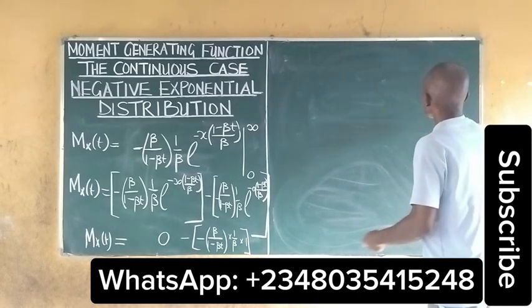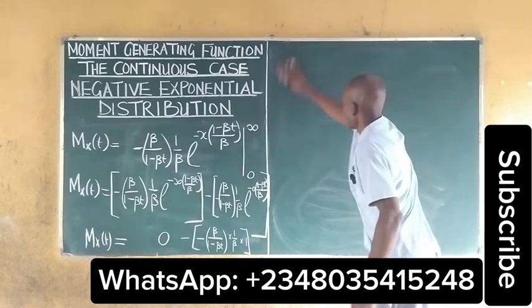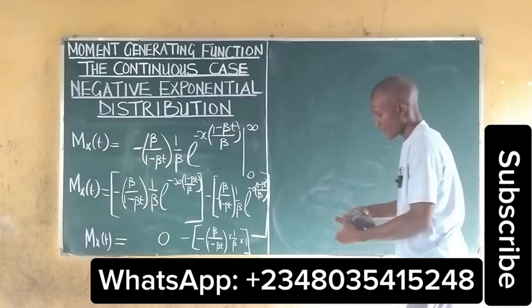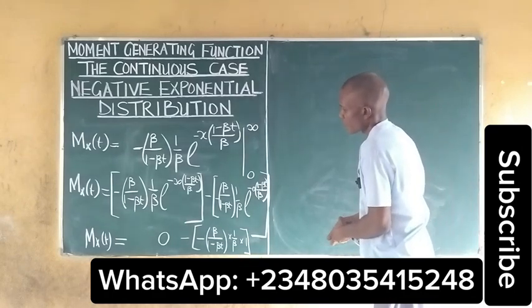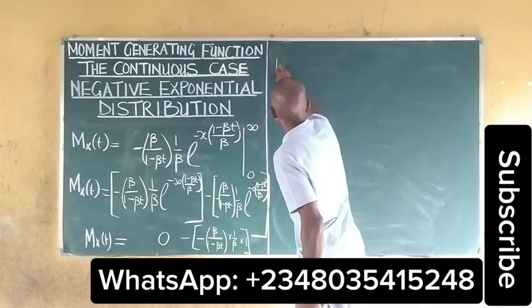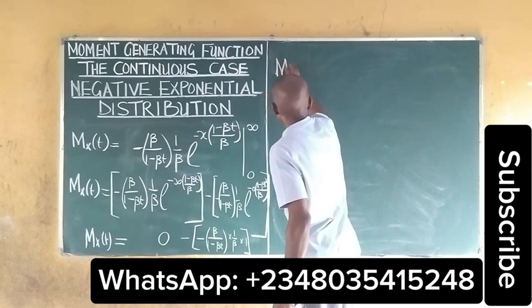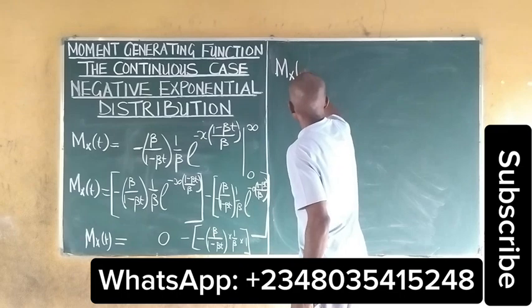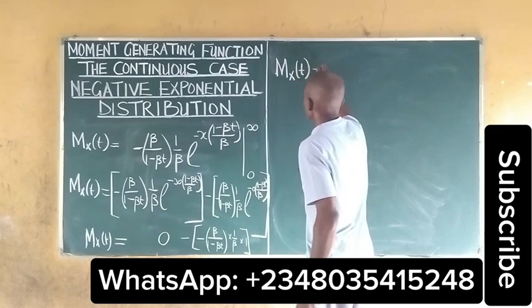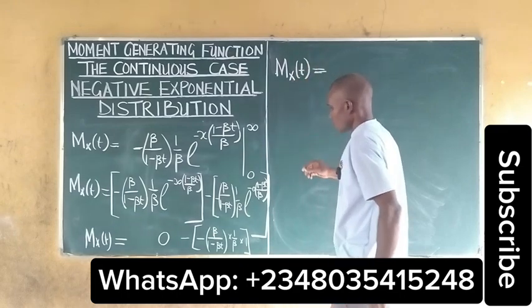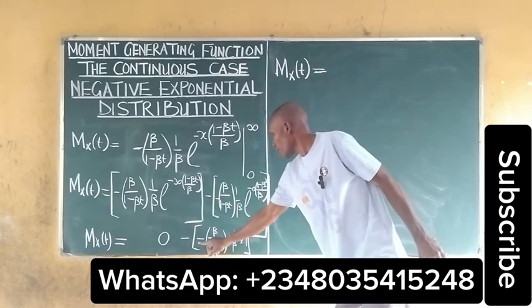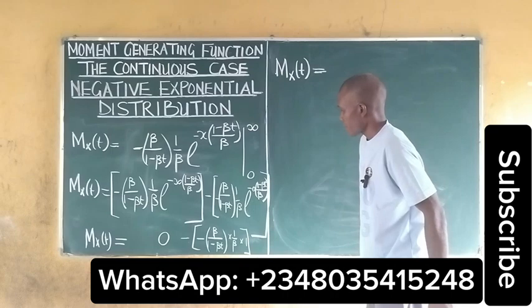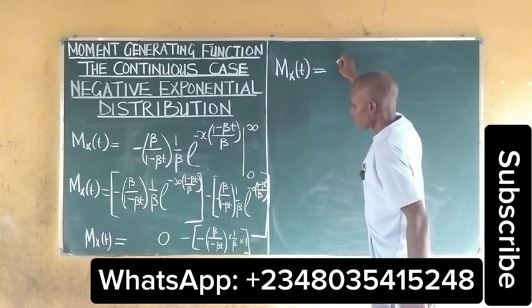So our moment generating function for the negative exponential distribution will now be negative multiplied by negative. We'll get positive.